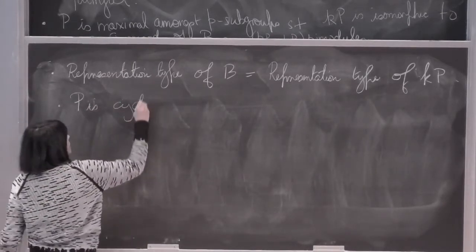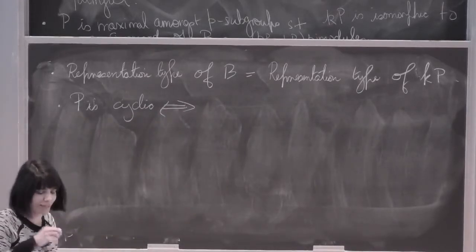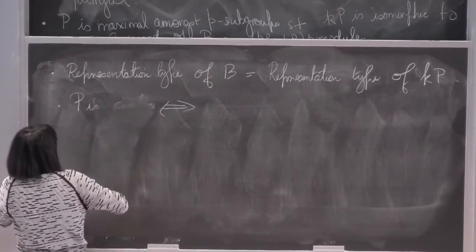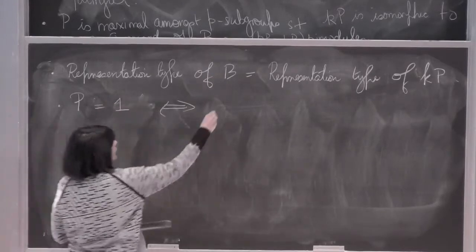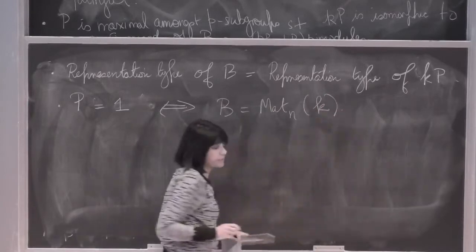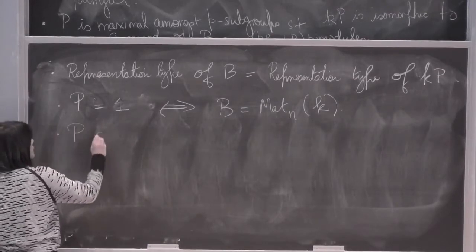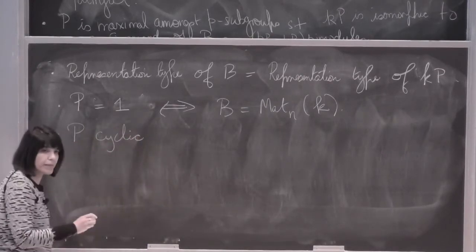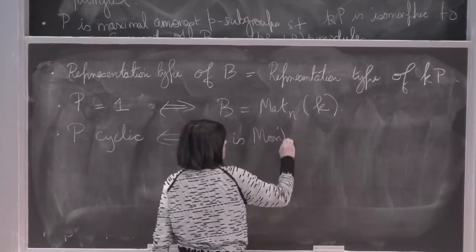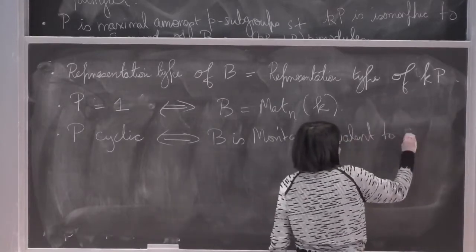P is cyclic: finite, tame, wild, exactly. P is trivial if and only if B is a matrix algebra. P is cyclic, which came up last time, if and only if B is Morita equivalent to a Brauer tree algebra.